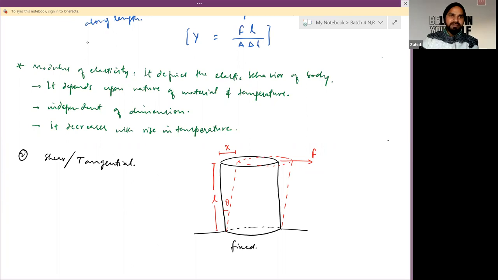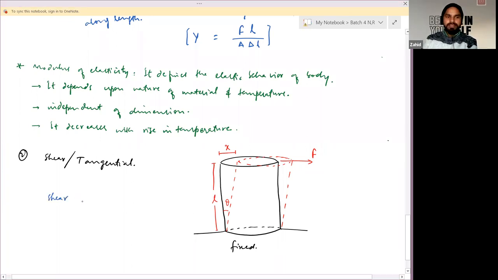So from this we can define first shear or tangential stress. It will be the amount of tangential force applied on this particular object per unit area. Correspondingly, the deformation produced in this cylindrical object is shear strain. It will be theta, which equals length of arc divided by radius, according to the concept of radian measurement.